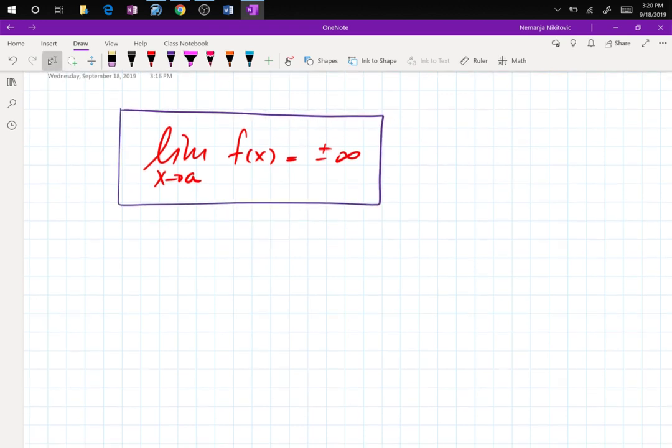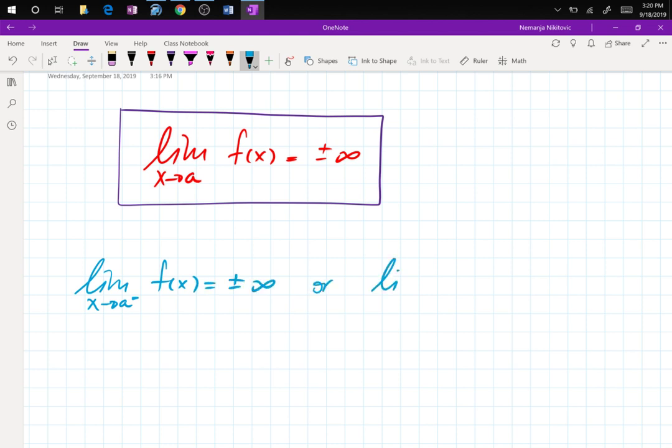And the other two iterations of this are the left and right limits, which also could be positive or negative infinity. Here is the limit as x approaches the finite value a minus, which is from the left, of f of x to be positive or negative infinity.